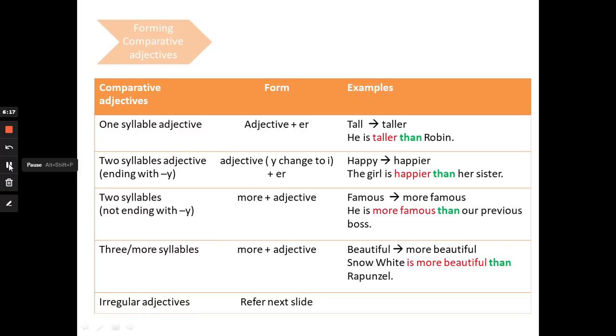So you have more and the adjective as well. For example, you have beautiful. Beautiful has three syllables, so you change to more beautiful. Here you have Snow White is more beautiful than Rapunzel. Right, the next one is regarding the irregular forms of adjectives. This one will be discussed later.